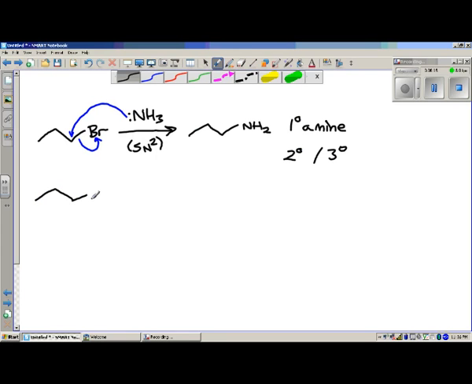What this primary amine can then do, assuming there is some alkyl halide lying around, which in a reaction like this there certainly would be, because this has a similar reactivity to this, can just go and attack this as well. Alright.